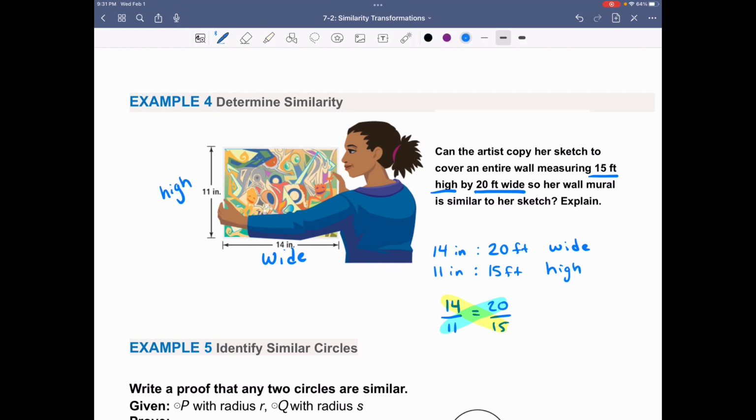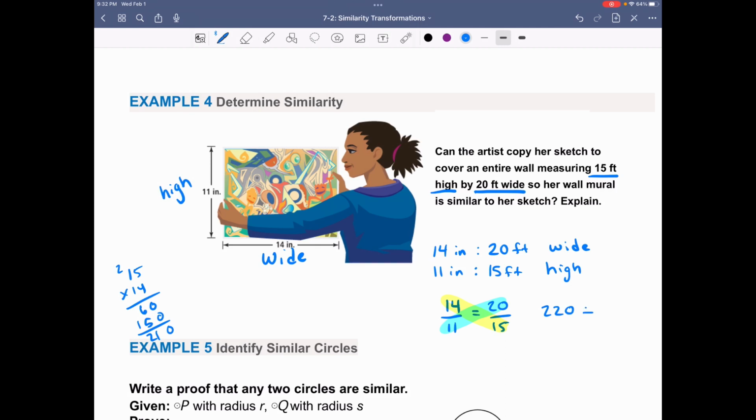So we will do 20 times 11, and that's going to be 220, and 15 times 14, and I get 210.